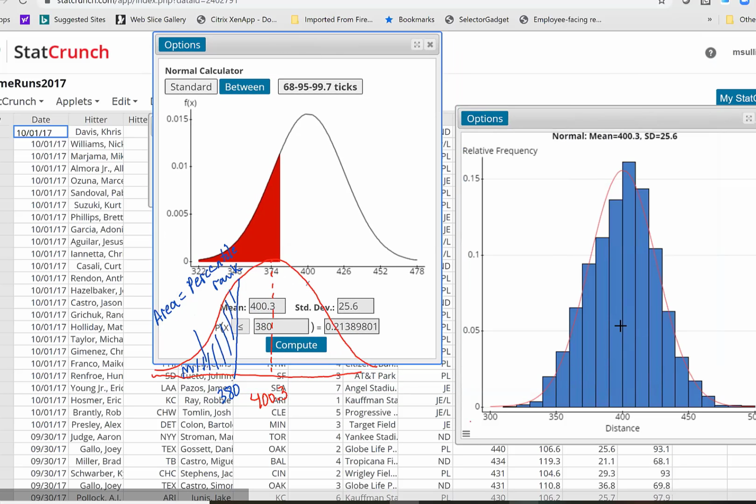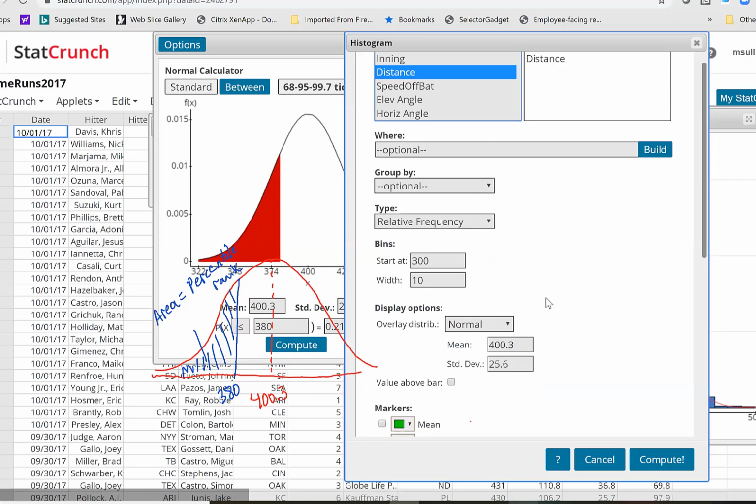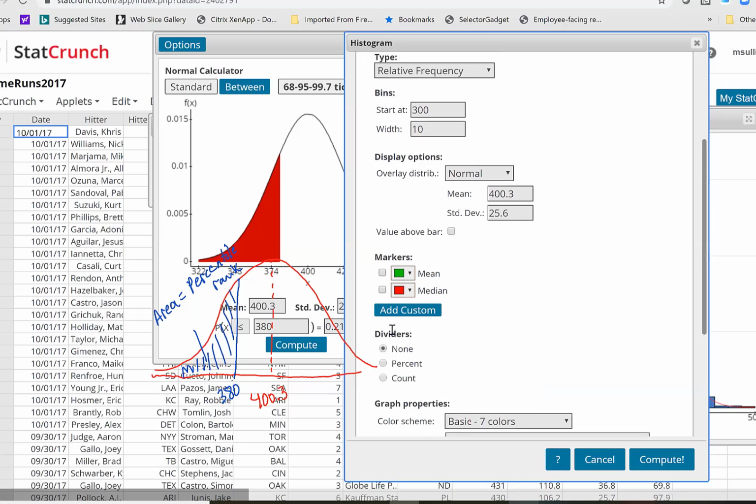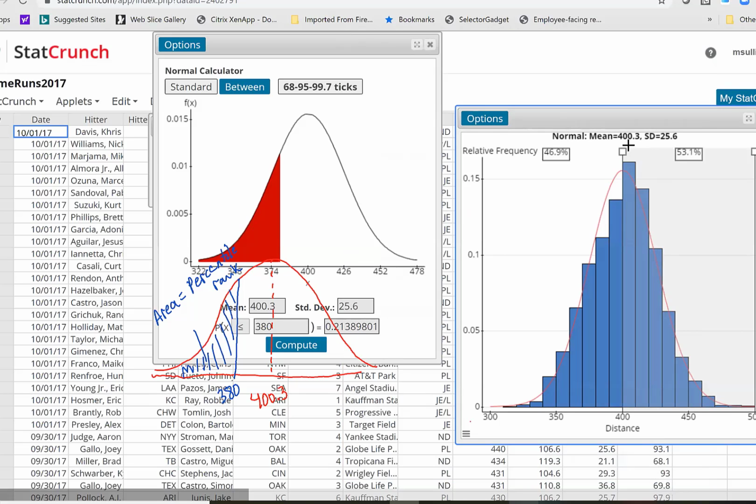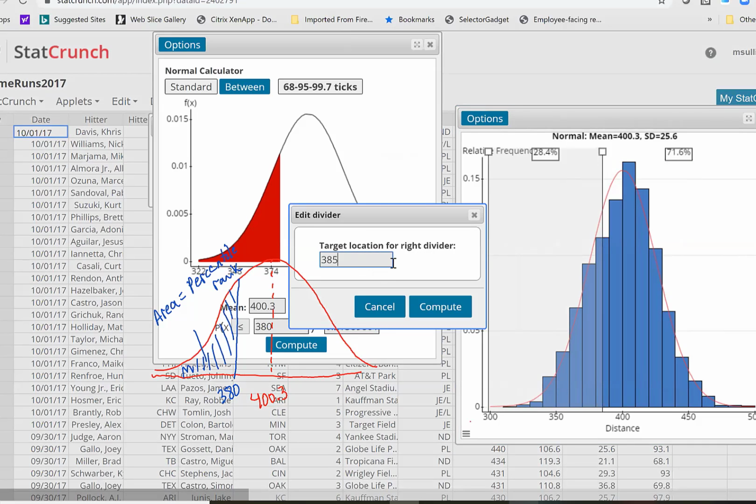Now that I've brought that up, it might be fun to look at our actual data. There's a percent divider that I can put in, and then you can take these bars and move them around. I can make this value 380 on the nose.